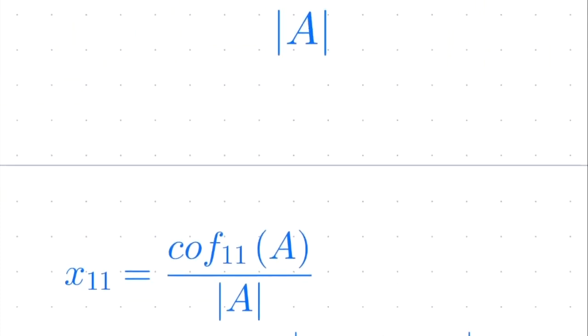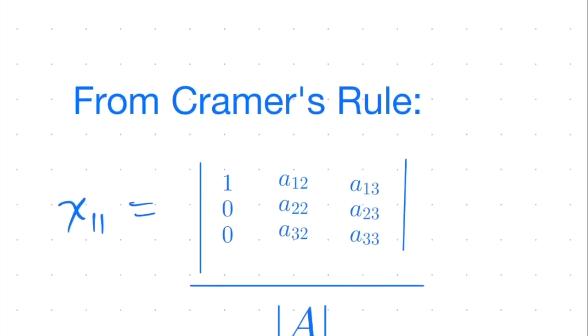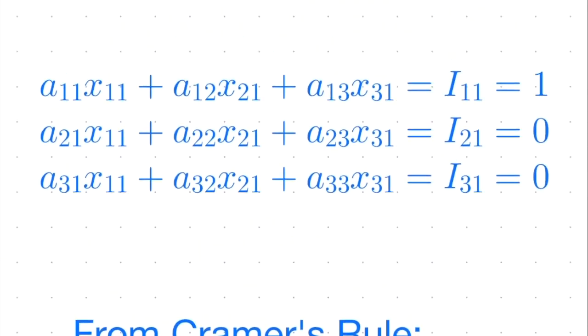Okay? Now, if we're interested in finding x subscript 2,1, what we would do is take the coefficient matrix and replace the second column by 1, 0, 0.